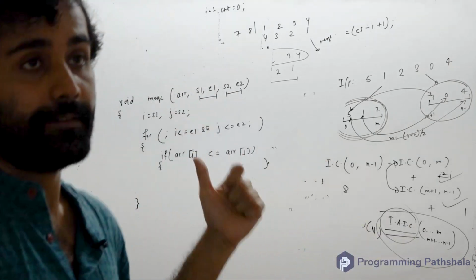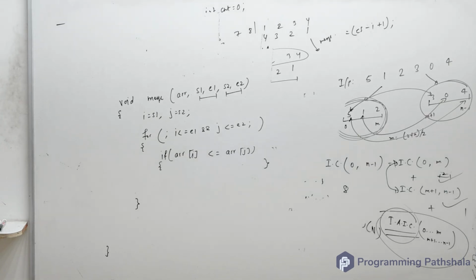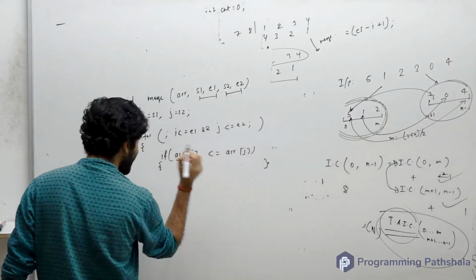And in the process you are trying to find the inversion count also. So what would happen while you are comparing the two elements? It might happen that array of I is smaller than or equal to array of J. In this case, you will definitely push this into your temp array.